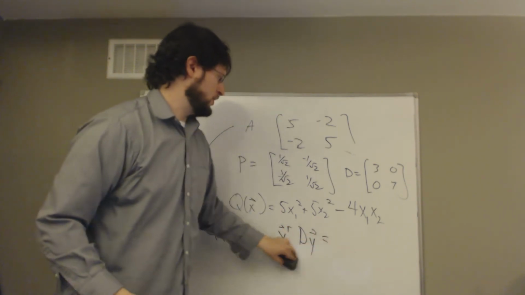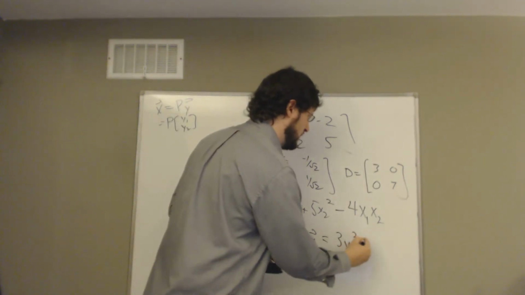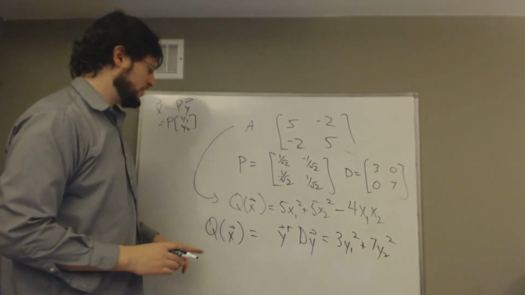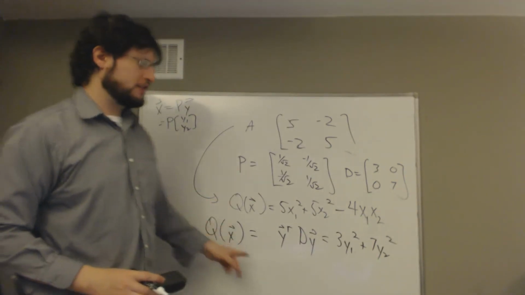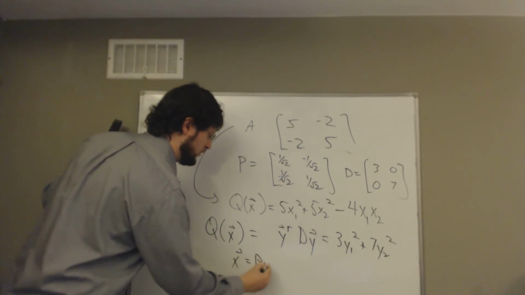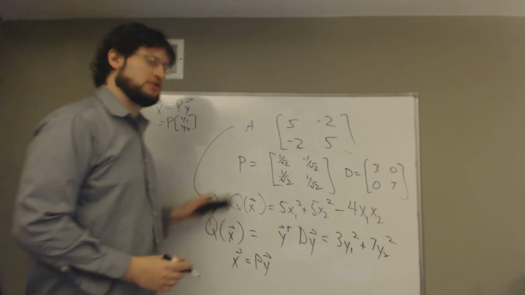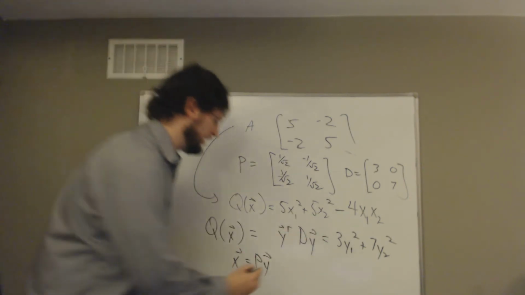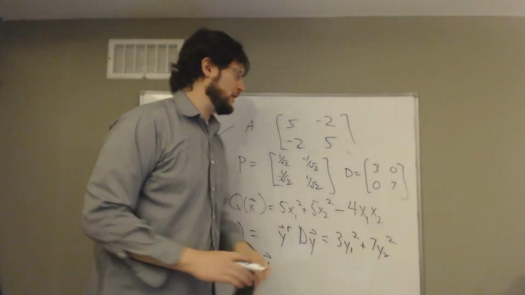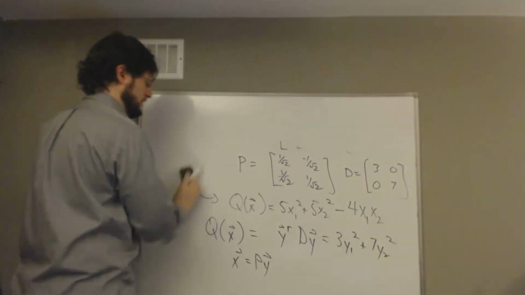We know what the quadratic form for that looks like. That's simple: 3y1 squared plus 7y2 squared. So my claim is that Q(x) is exactly this if we let x equal Py. That's our goal. We let x equal Py, and then we'll be able to get a simplified calculation. So let's just notice how that works.